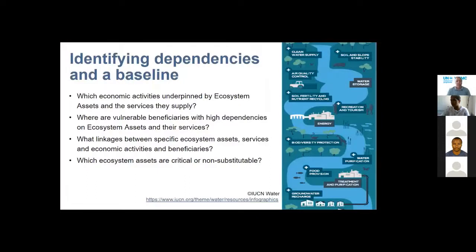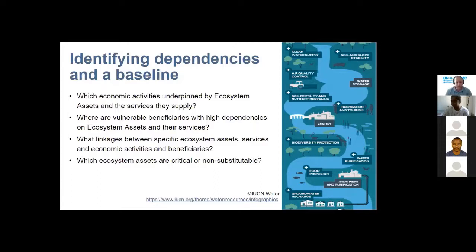So essentially, we're looking to identify at this point which economic activities are underpinned by ecosystem assets and the services they supply. Where are vulnerable beneficiaries that have a very high dependency or a high sensitivity on ecosystem assets and their services, and then how are the linkages between these different ecosystem assets, services, economic activities, and beneficiaries materialized in the landscape through these different ecosystem service flows.